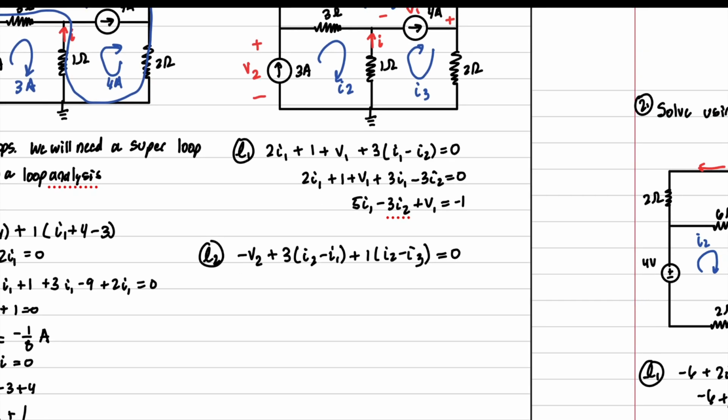Simplify this down, and we get -3I1 plus 4I2 minus I3 minus V2.